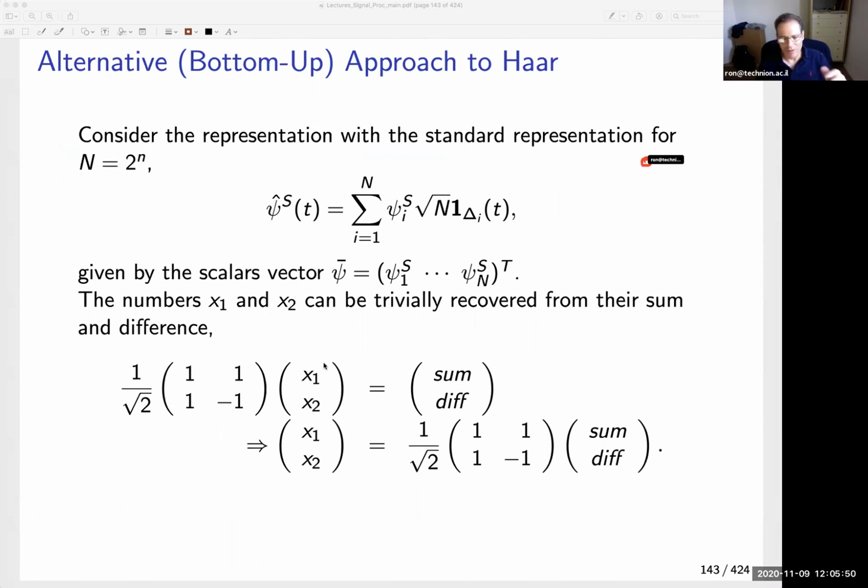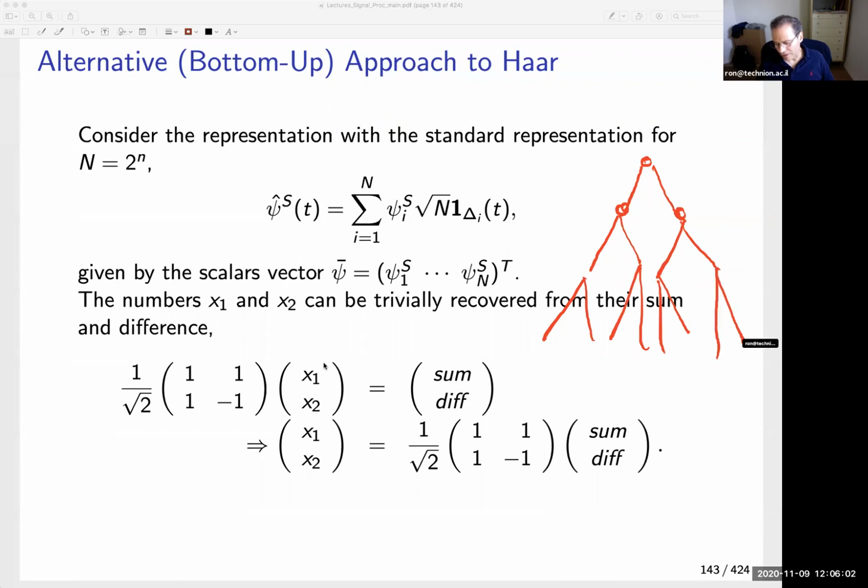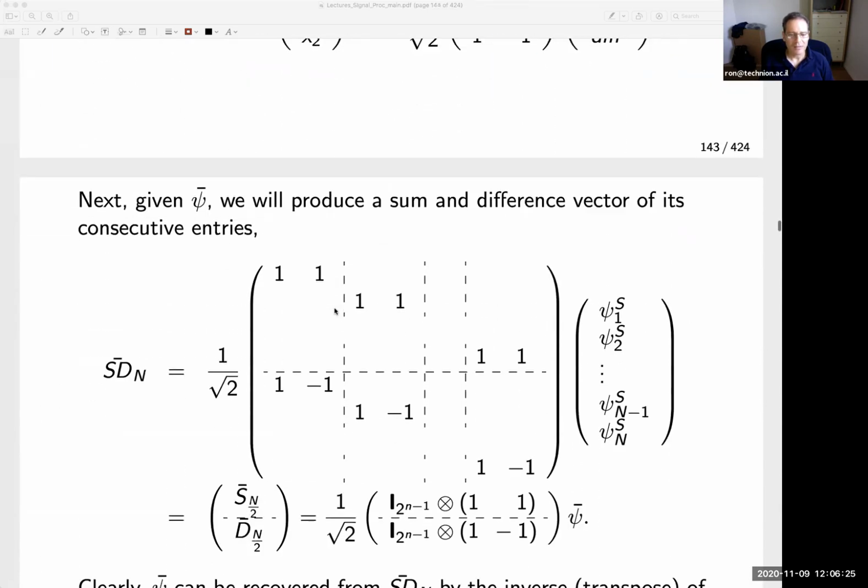I don't want to go over the details here because they're not so important, but if you go over the subdivision way of looking at your signal, so you have this binary tree of elements, and remember that we said that by just representing the average, and then the diff, and then the diff of the two, etc., you can actually capture the whole value of the tree. Then you can also work it up from bottom up. It's not so important, but just so you know that there is an alternative proof to the game.